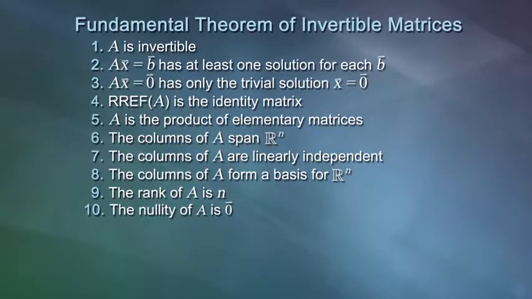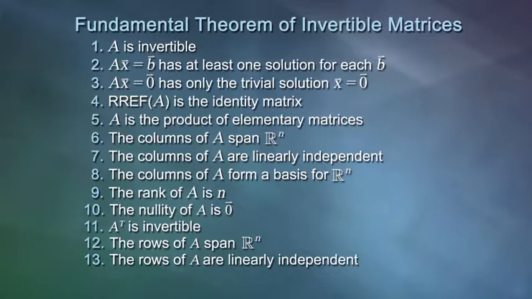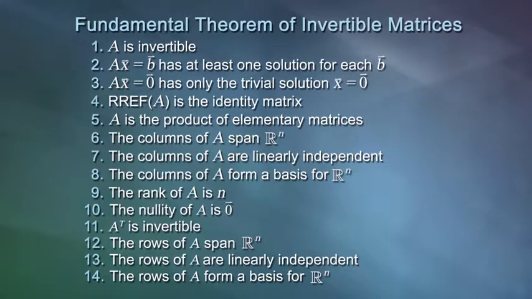Number 11, A transpose is invertible. Number 12, the rows of A span Rn. Number 13, the rows of A are linearly independent. Number 14, the rows of A form a basis for Rn.